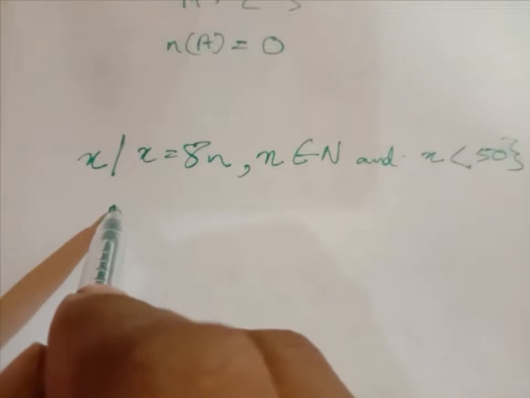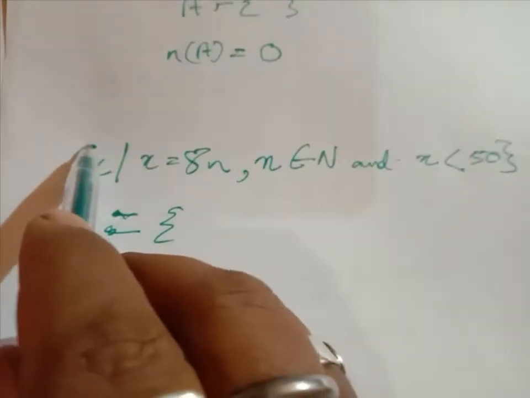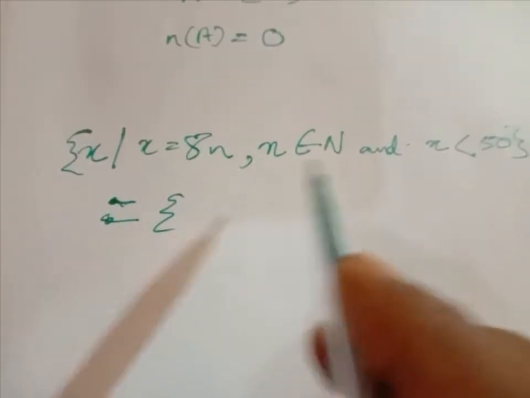So what we can write, let me put this equal sign, curly bracket starts here. So X equals 8n, n is a natural number.